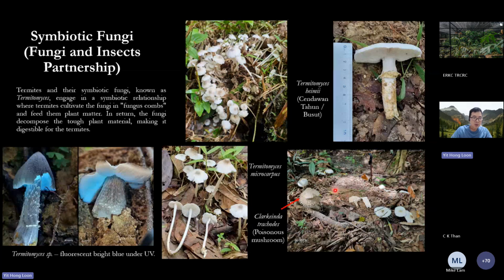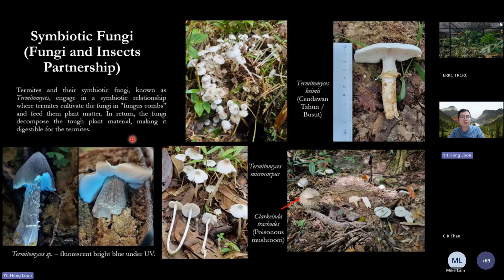Yeah. Okay. I also discovered that if you have a UV light, you just put it on the mushroom, you can find that, oh, actually it fluoresces, amazing. Yeah. Okay.